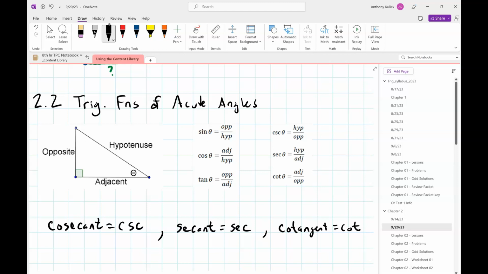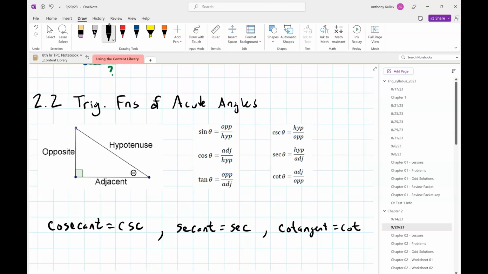They're just reciprocal pairs. Cosine is adjacent over hypotenuse, so secant is hypotenuse over adjacent. Tangent is opposite over adjacent, so cotangent is adjacent over opposite. So I'm not memorizing a new set of definitions. I'm just going to remember which ones are the reciprocal pairs of the definitions I already know.